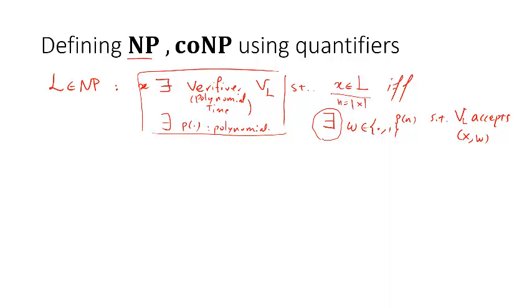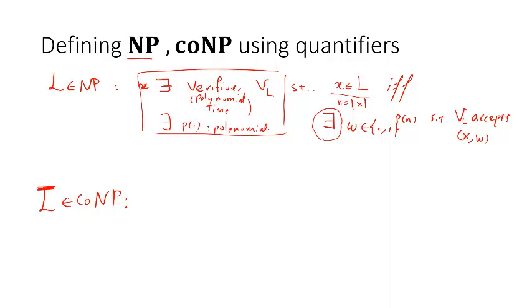Now, if we want to use this particular definition and see what would be the definition of the complement of L, a language which we already know is in coNP, what we can do is just apply the logical rules to this definition to see what definition we get. The definition of L was that there exists this verifier.